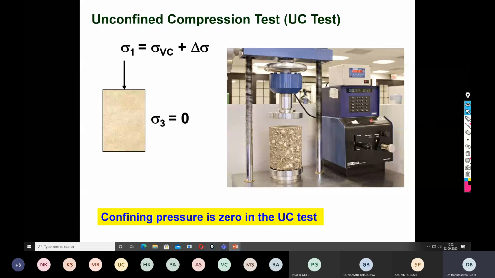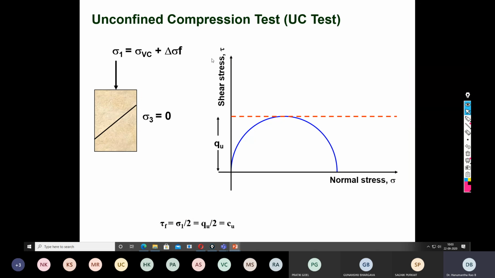So the last one is the unconfined compression test. This is very simple. In unconfined compression itself, there is no confinement in the lateral direction. Rather, you are compressing the soil sample only by applying the delta sigma. So sigma 3 is 0 and sigma 1 is nothing but only the deviator stress.